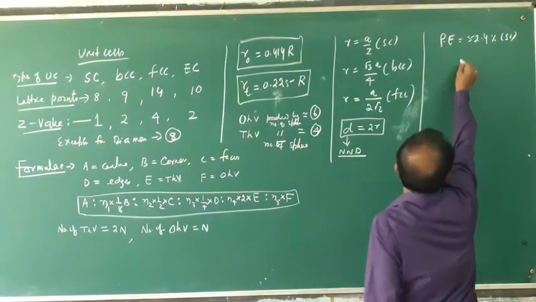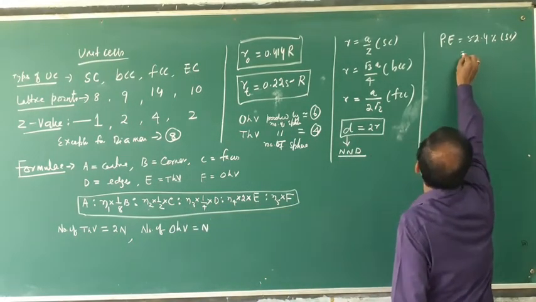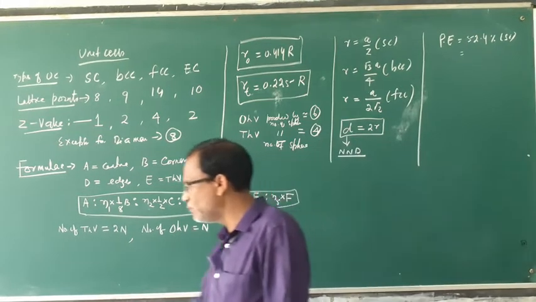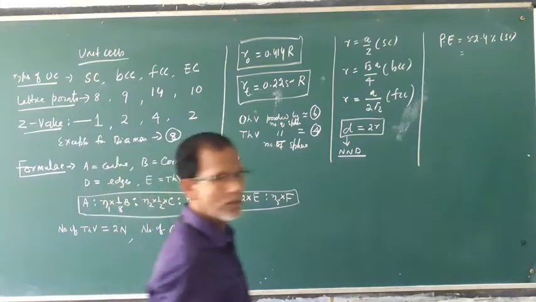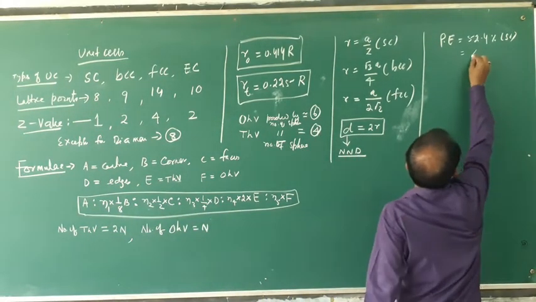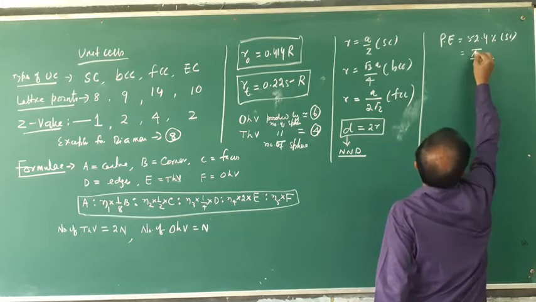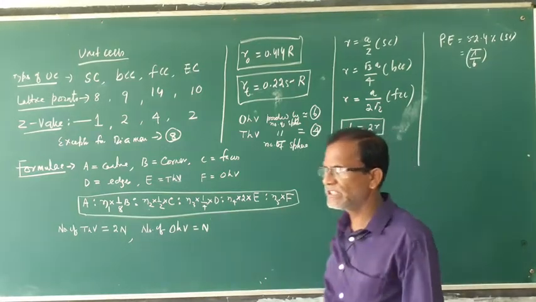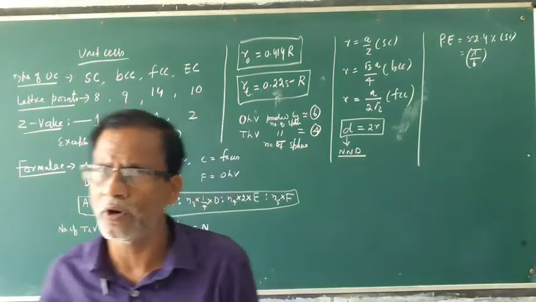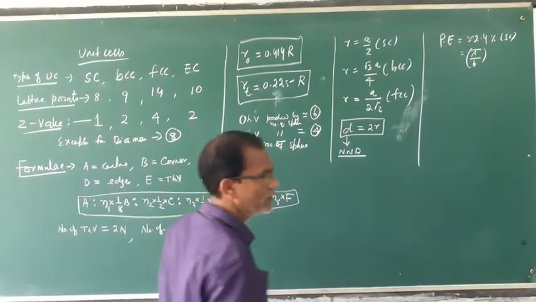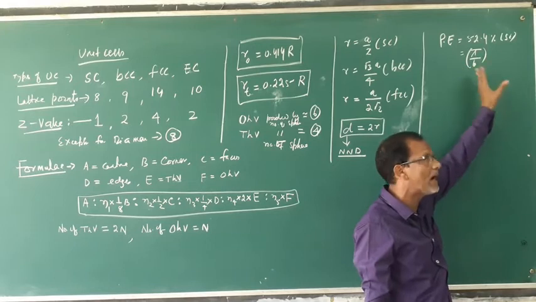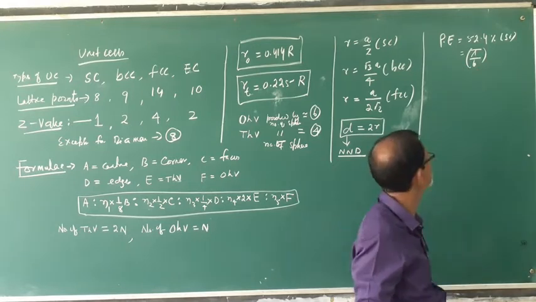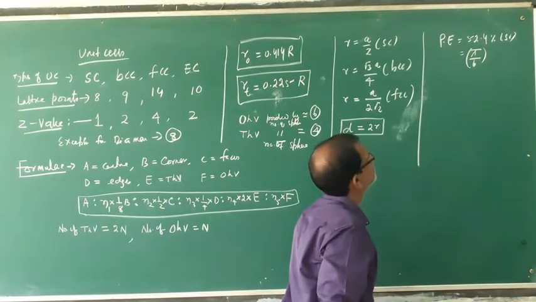Which is equal to how much in the form of pi? For simple cubic, it is pi by 6. Very important. If the question is asked, or the answer is given in the multiple choice in the form of pi, the answer is pi by 6 for simple cubic.